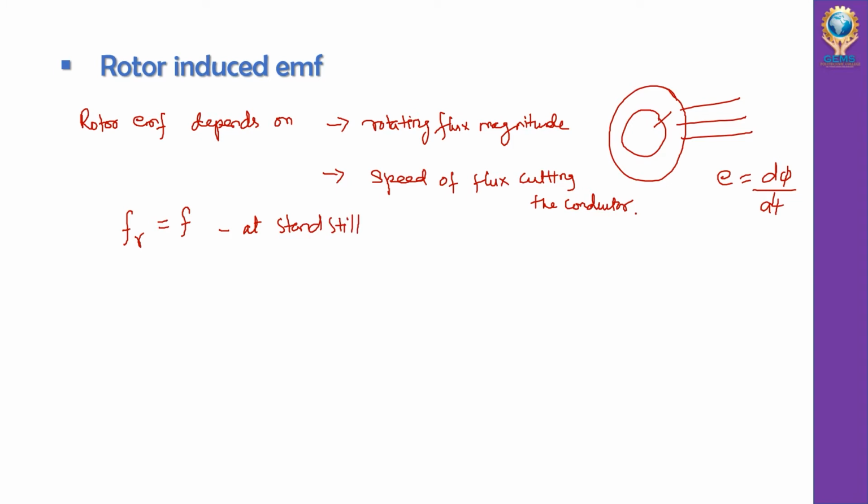After that, when it is rotating, the frequency will be S into F, so we have to multiply with the slip.